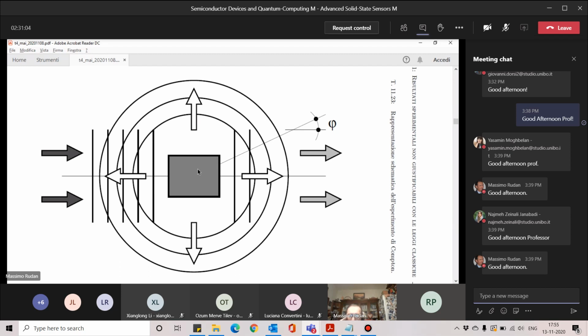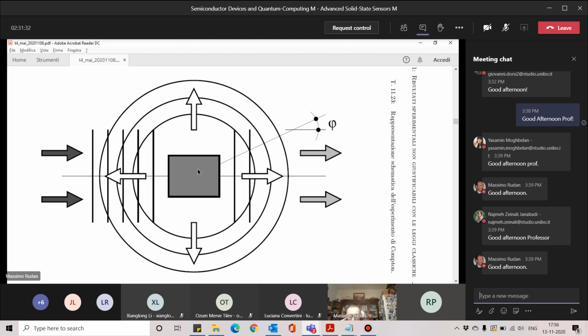But when we rotate up or down, so when the angle phi increases, we find that the frequency decreases. So this is an anomaly. The anomaly is that we don't find the same frequency when we change the angle, but we find a different frequency depending on the angle.